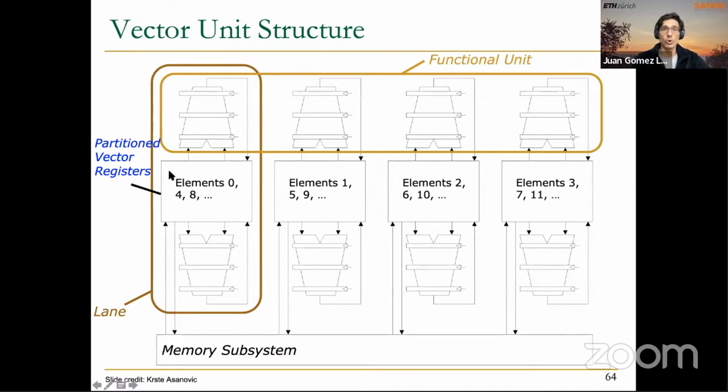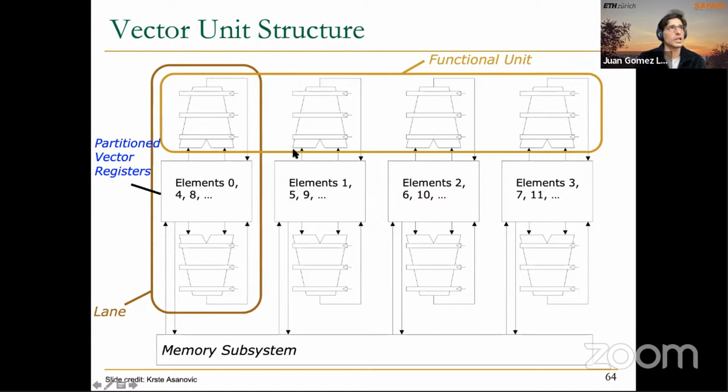So in the end, we have a whole register file, and every time that we execute a program, depending on our vector length and on the register needs of each of the threads or lanes executing here, we will have to assign more or fewer registers to each of the individual units. But in the end, it's a statically partitioned register file with the vector registers assigned to the different functional units.